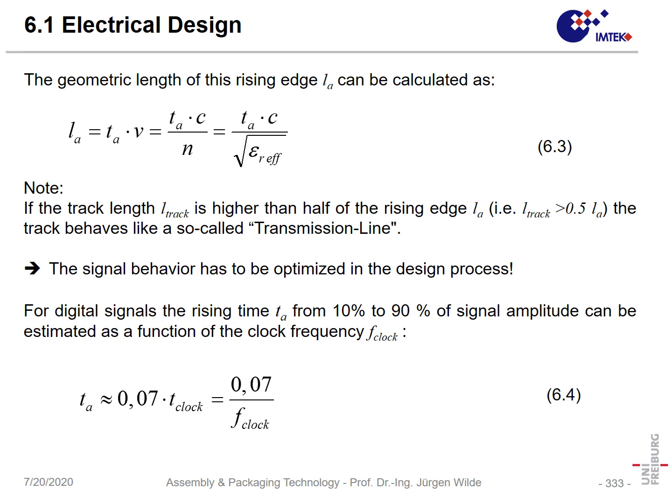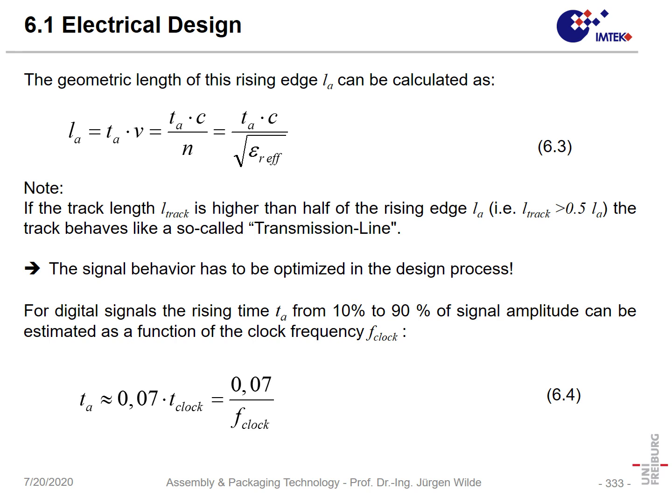So also turning that round, you could say the leading edge is the rise time multiplied with the speed, and that again is the rise time times speed of light divided by the refractive index, and that is the rise time times speed of light divided by the square root of the permittivity of the material.